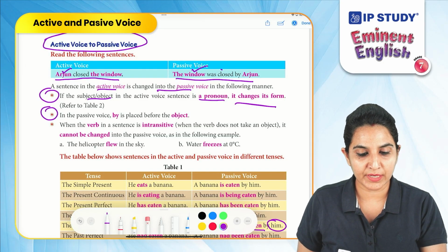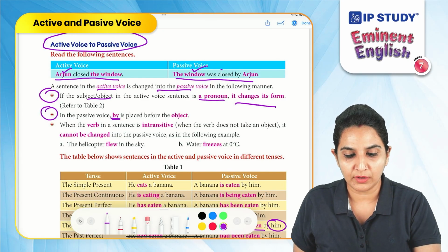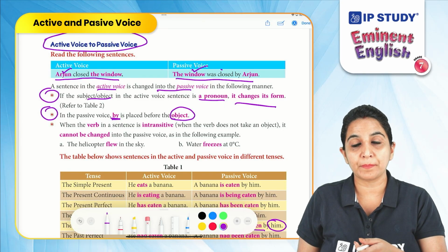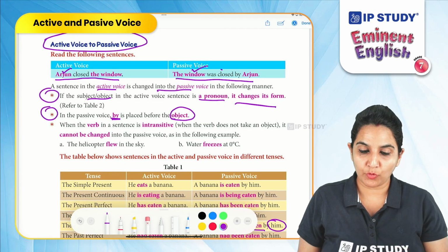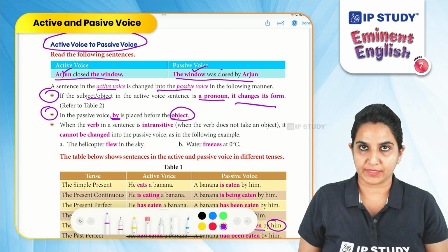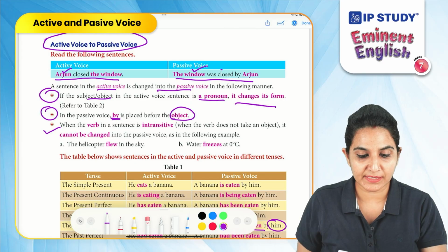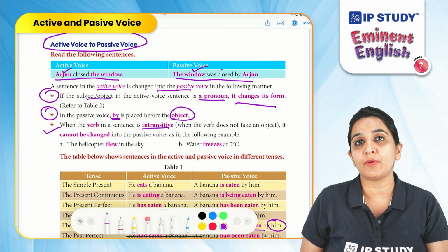In the passive voice, by is placed before the object, like, the window was closed by Arjun. So this is placed before the doer of the action. Next, when the verb in a sentence is intransitive, that means the verb does not require an object.